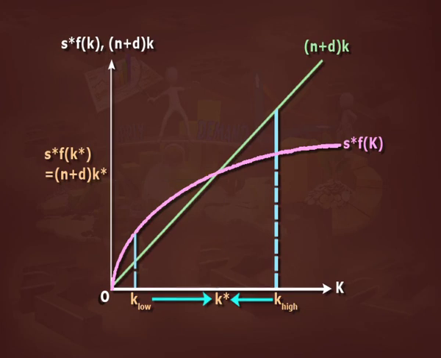This occurs at our equilibrium point k star. At k star, depreciation equals investment. Thus, the Solow model shows that the growth process is stable. No matter where the economy starts, forces exist that will push the economy over time to a steady state.